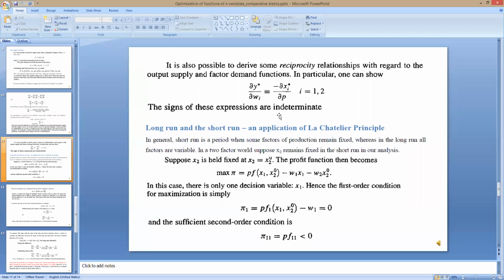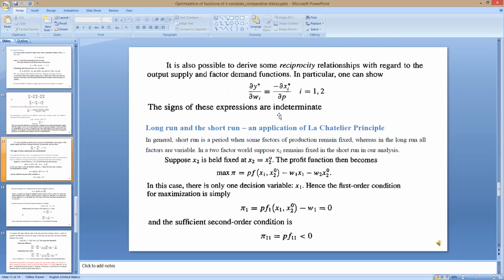In the earlier exercise, I told you if anything is incomplete in the slides, please complete those parts. So you will have 9 comparative statics altogether. I am repeating: del x1 star by del w1, del x1 star by del w2, del x1 star by del p, 3. Then the other 3, del x2 star by del w1, del x2 star by del w2, del x2 star by del p, 6, 3 plus 3.